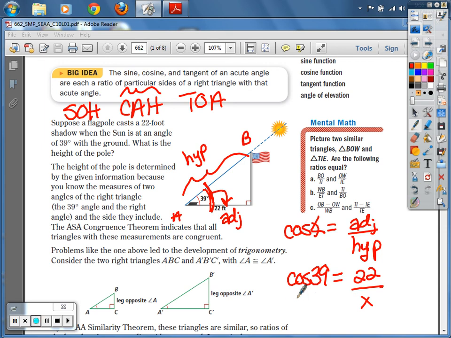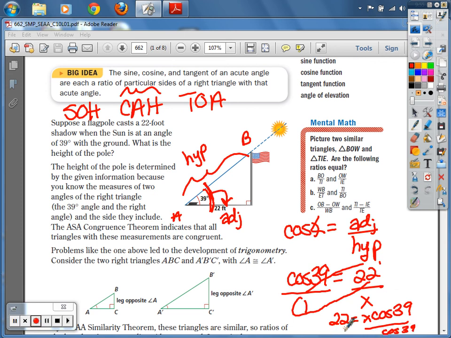Remember, cosine of 39 is just a number, so put it over 1. We have two fractions equal to each other, so we can cross multiply. 1 times 22 is 22, or find the cross products. X cosine 39. Cosine of 39 is just a number. Okay, so you can divide both sides by cosine of 39.